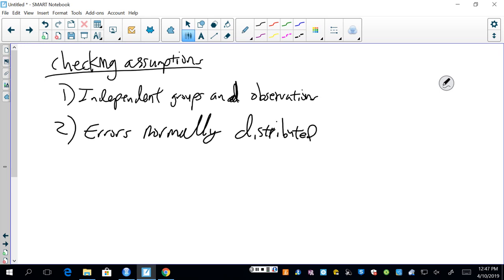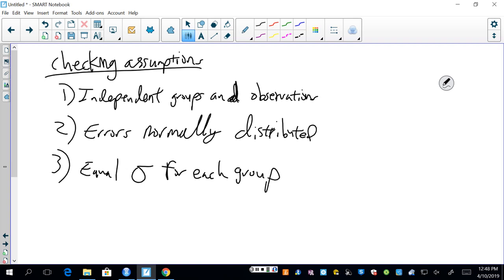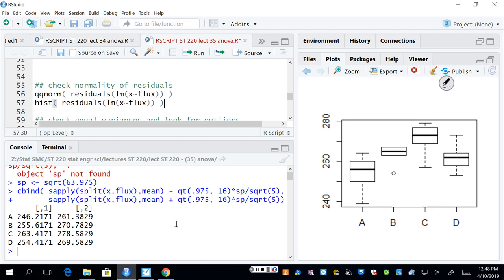They won't be exactly normal, but we don't want them to be extremely non-normal, with massive outliers and heavy skewness. And we generally want the standard deviations of those errors to be roughly the same across the different groups. They won't be exactly the same, but you don't want them to be massively imbalanced. And we can check some of those things.